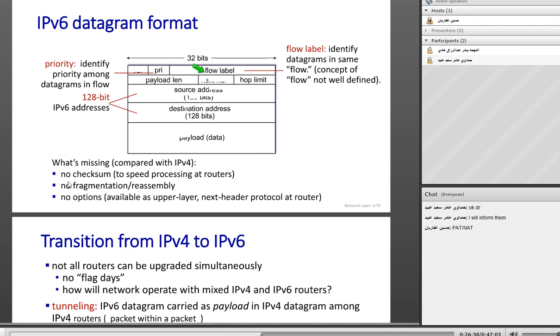And a 3-byte flow label. As I said, this flow label is for quality of service. When a packet is received, I can check its flow label.